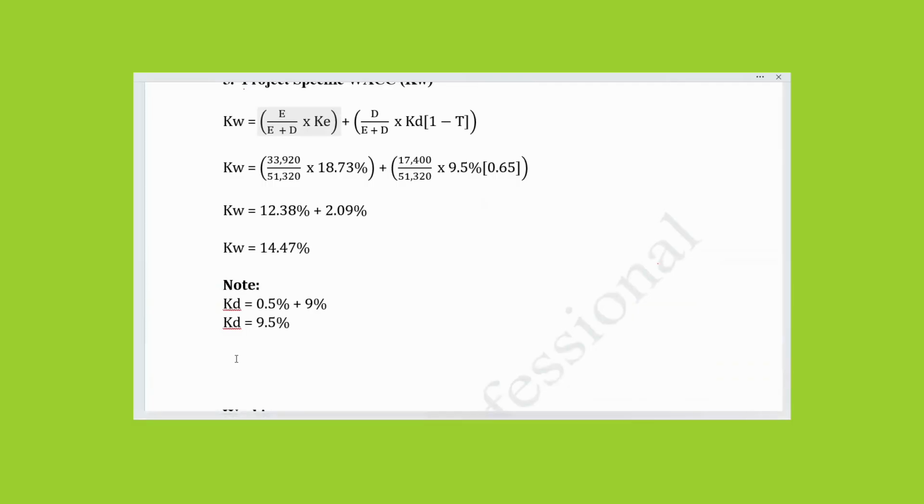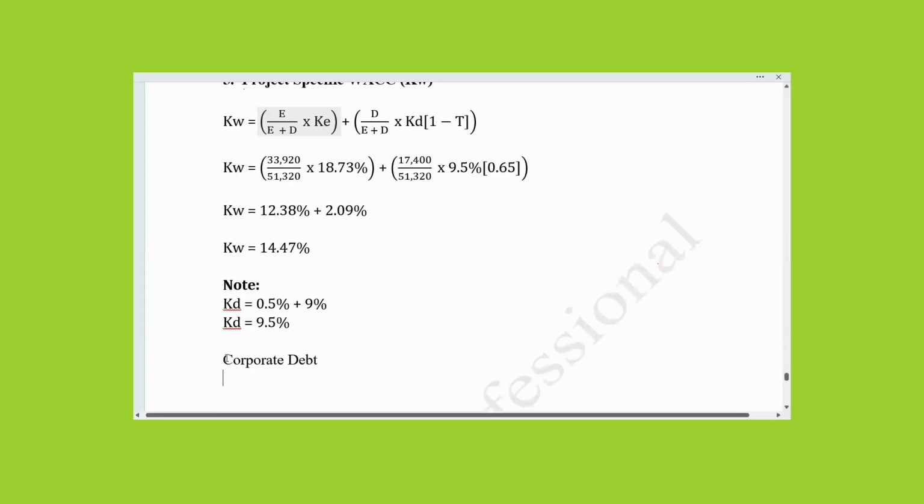The first one is explanation on corporate debts. The examiner is asking you, is it true that corporate debt is risk-free?